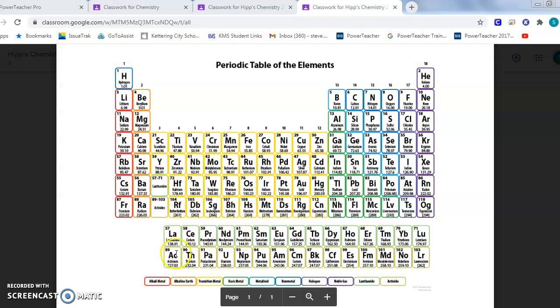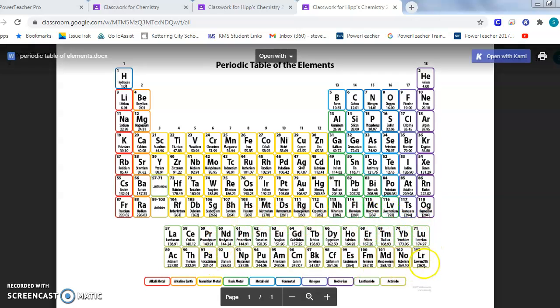Now remember, the LA and the AC actually fit in here, so we're going to count here. 1, 2, 3, 4, 5, 6, 7, 8, 9, 10, 11, 12, 13, 14. This part of the table corresponds to the F. This is the S block, the P block, the D block, and the F block. We're now going to talk in the next video about how we can get Aufbau's order of filling from that information.